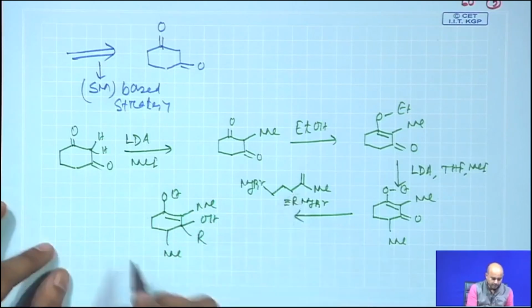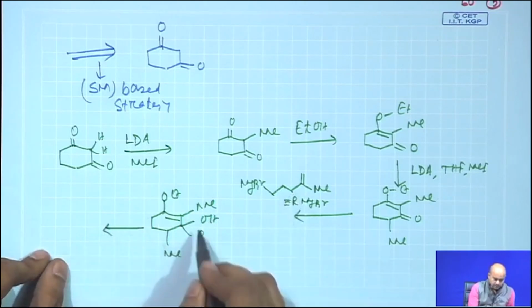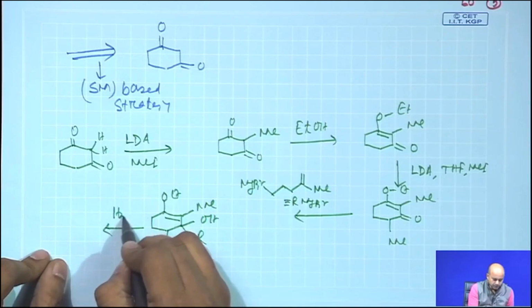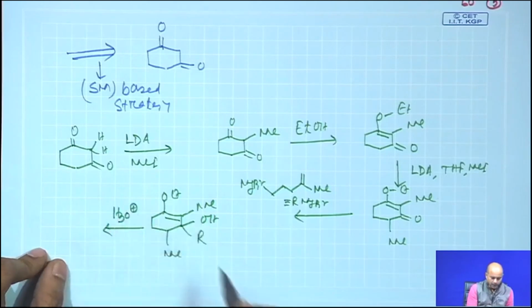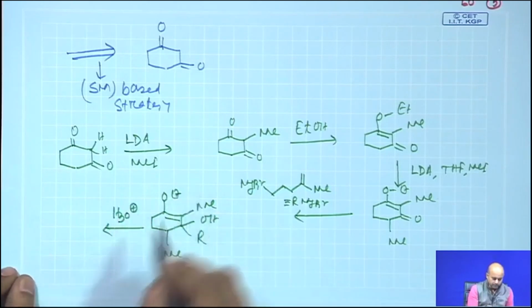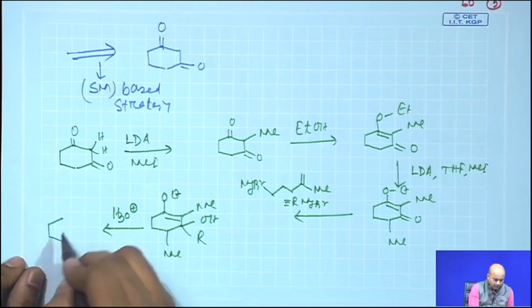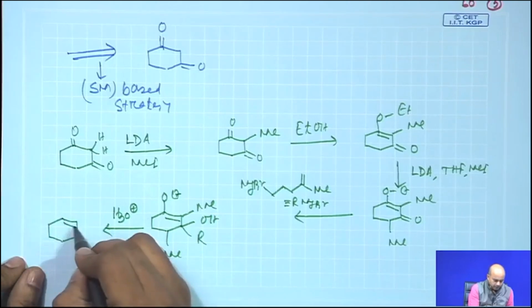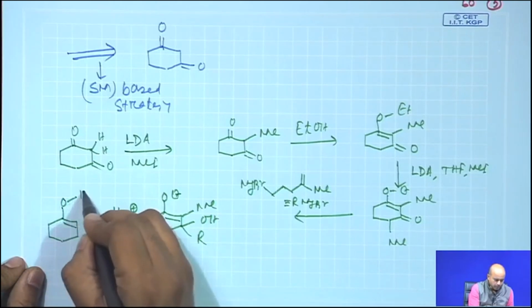Now, for this allylic transposition, you just react with an aqueous acidic workup. The vinylic ether will first be hydrolyzed to give you OH.